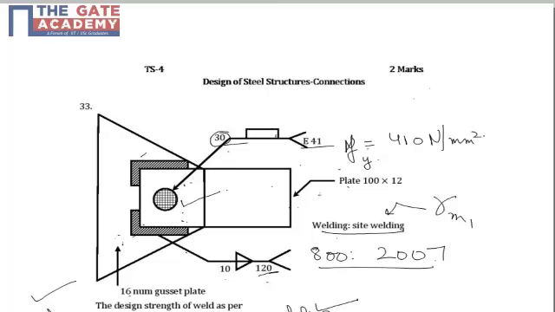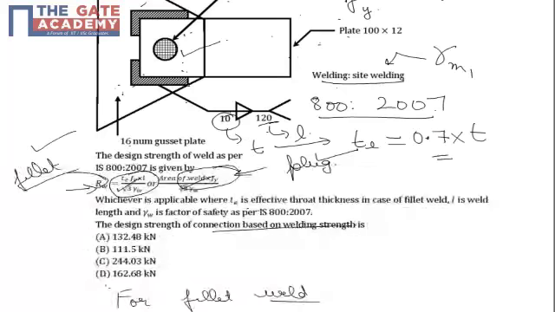This 120 indicates the length of fillet weld and 10 indicates the thickness of fillet weld, from which we have to derive the throat thickness, which is given by 0.7 into thickness of fillet weld for a 90-degree weld, and this indicates that it is a double side fillet weld.